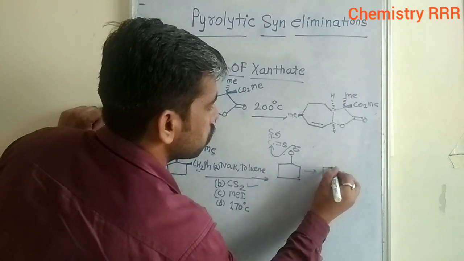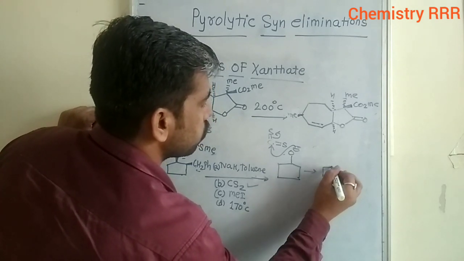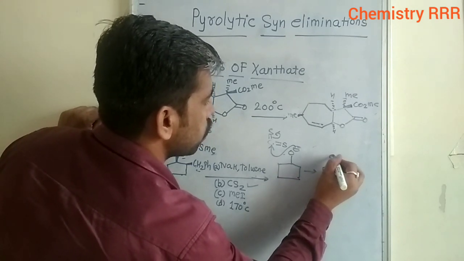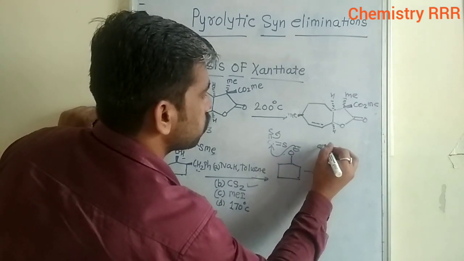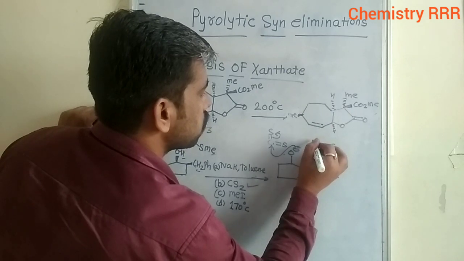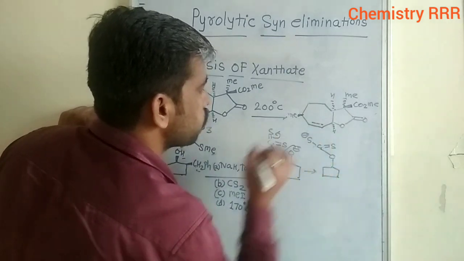Then we get oxygen, carbon, C double bond S minus.